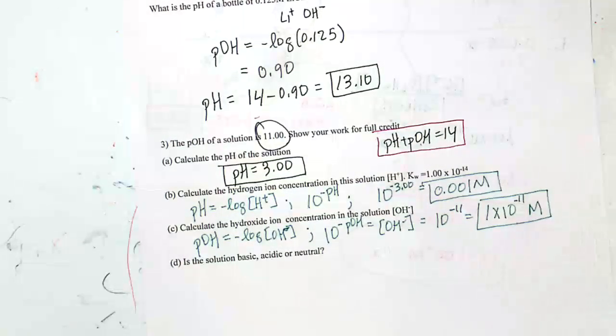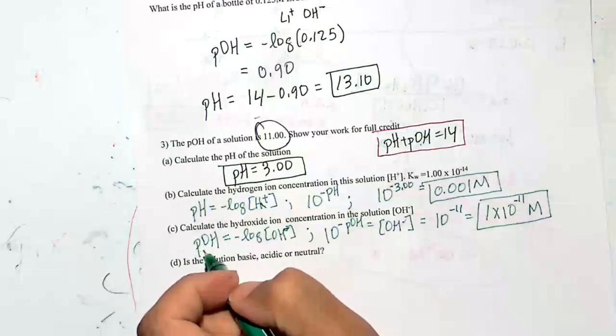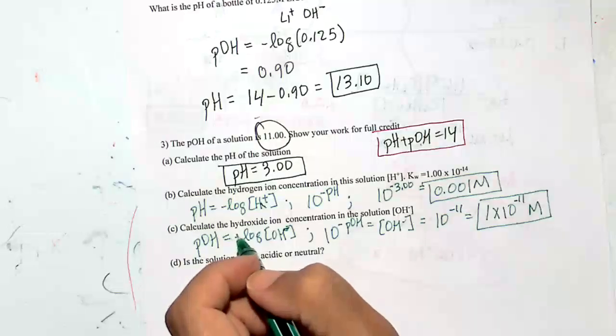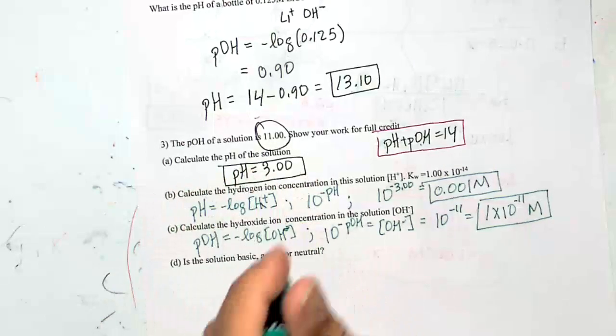This is just getting you to back calculate, going from pH to H+ concentration, or from pOH to the OH- concentration. Remember, lowercase p is power, and there are no units.